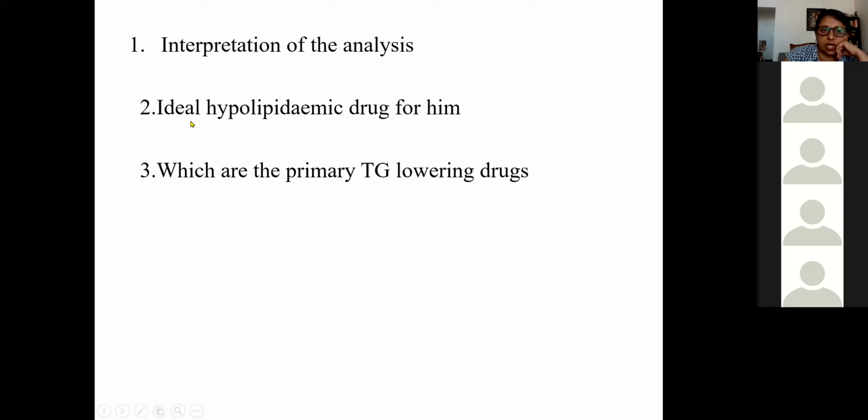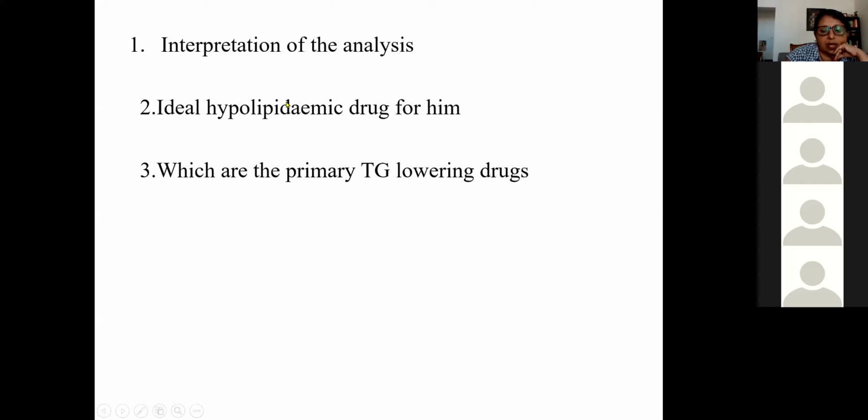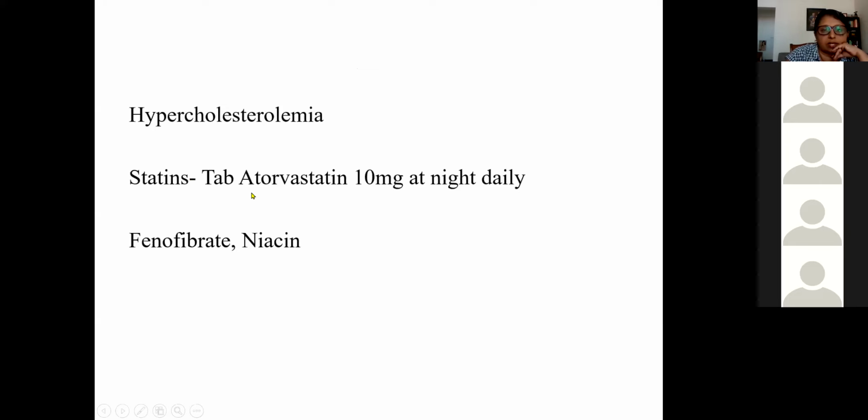So the interpretation: hypercholesterolemia. Second question, ideal hypolipidemic: statins, tablet atorvastatin 10 milligram at night daily. And triglyceride lowering drugs are fenofibrate or fibrates you can write, and niacin.